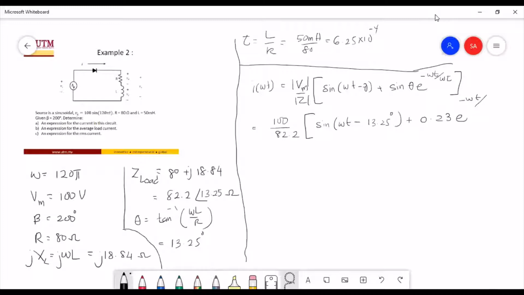Omega is also given, so we just put it inside.